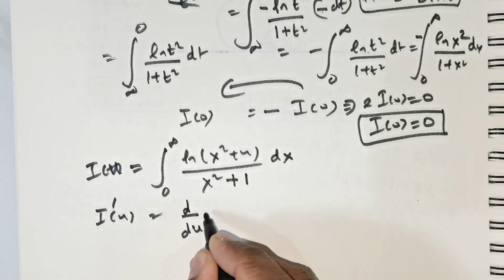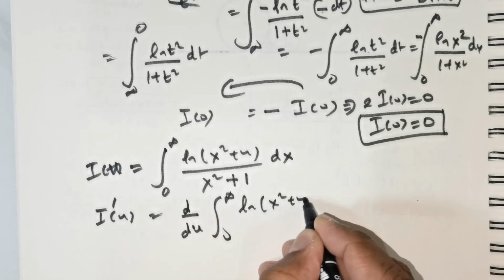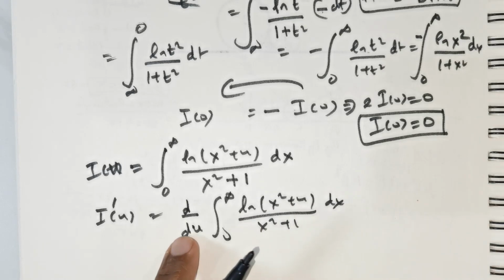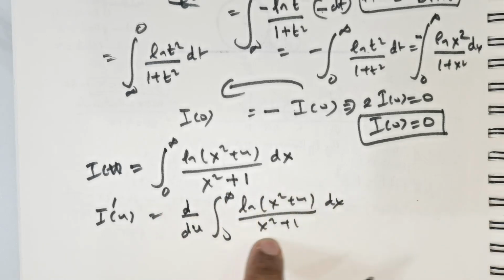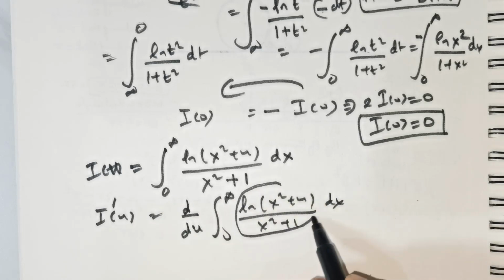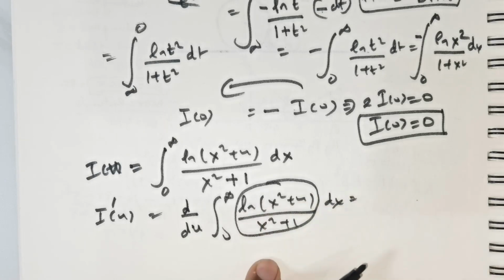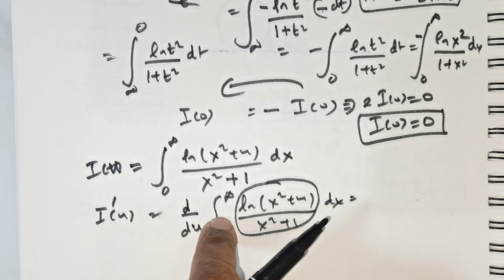So it's going to be d over du of integral 0 to infinity ln of x squared positive u divided by x squared positive 1 times dx. Now if you were to change the order, you need to ensure that this is convergent. Now clearly this entire quantity that we see here is convergent. Because of the fact that this is convergent, we can shift the differential operator and the integral operator.